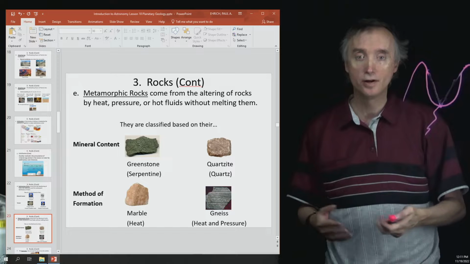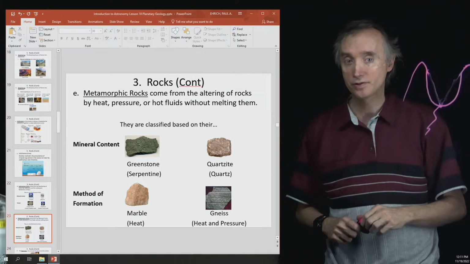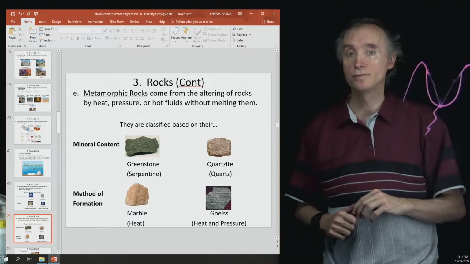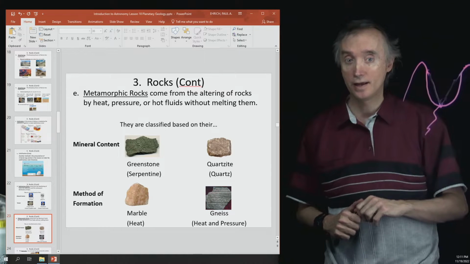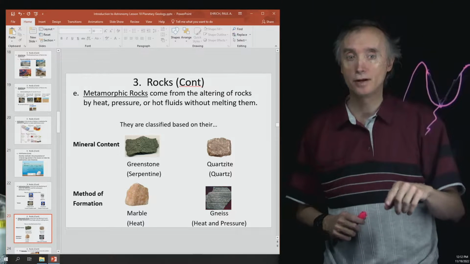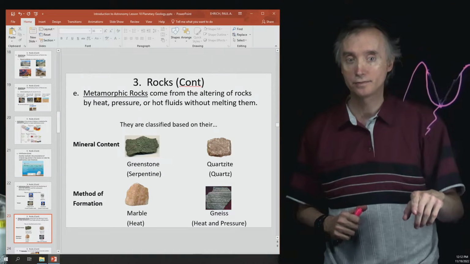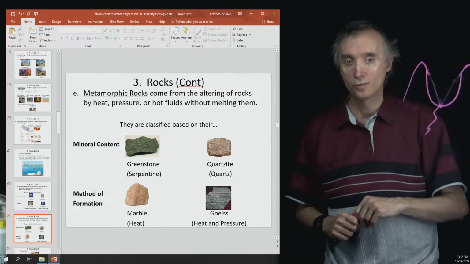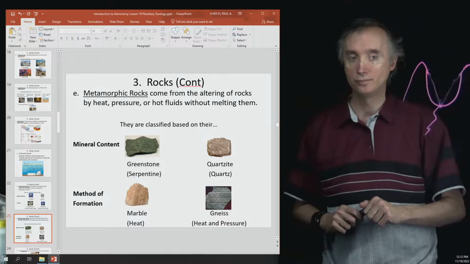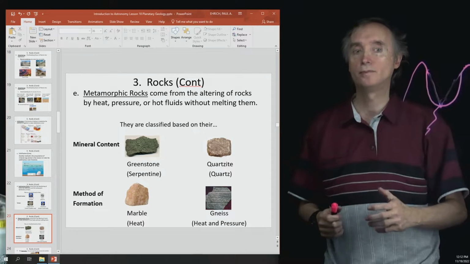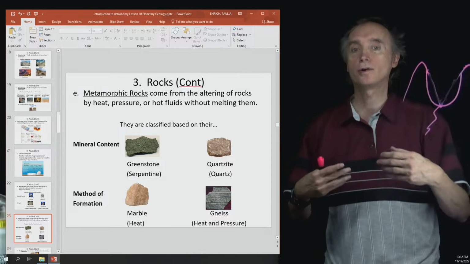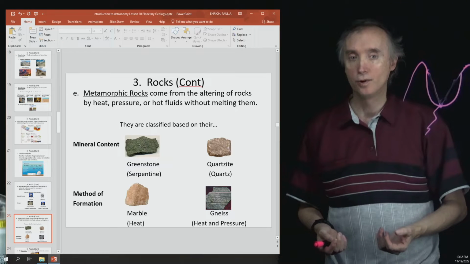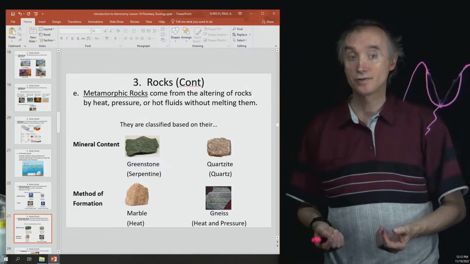There's a type of metamorphic rock called greenstone, and it has the mineral serpentine in it. And then you also have the metamorphic rock quartzite, and it has quartz in it. So where do you think quartzite came from? Quartzite had to have come from a rock that had a lot of quartz in it. What would that be? Sandstone.